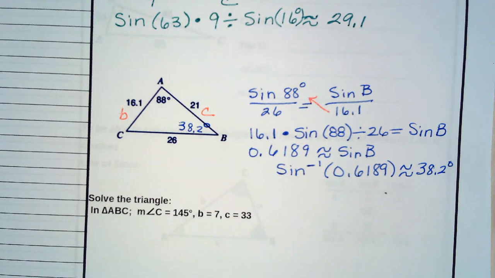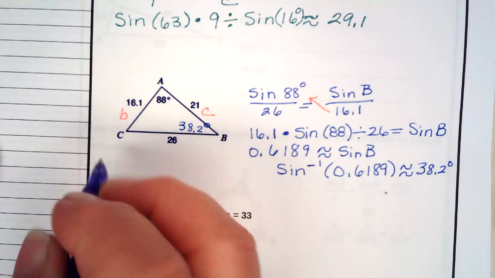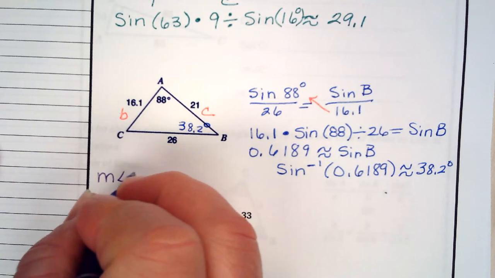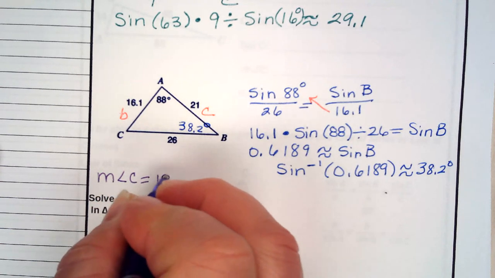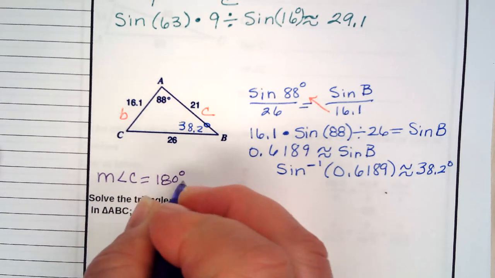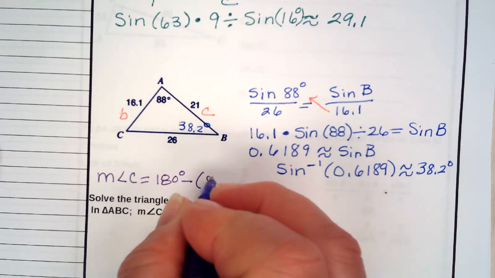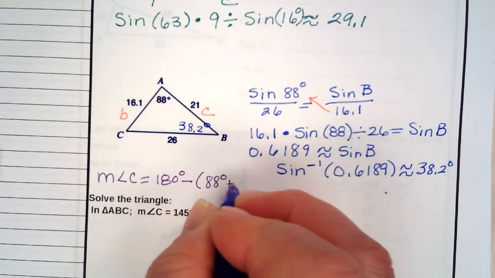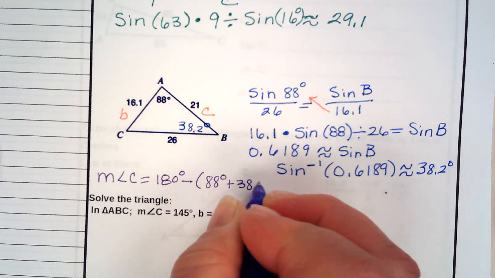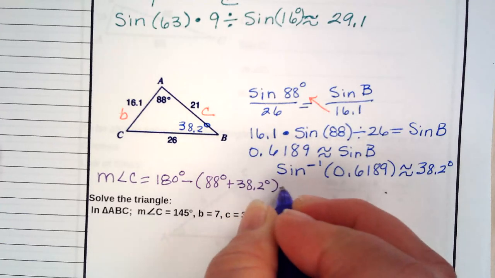Okay, now, it is definitely easier to use your triangle sum theorem for the last one. So to find the measure of angle C, I'm going to take 180 degrees minus 88 degrees plus 38.2 degrees.